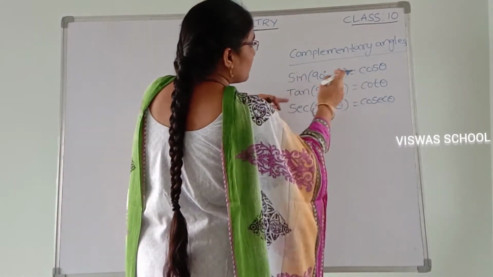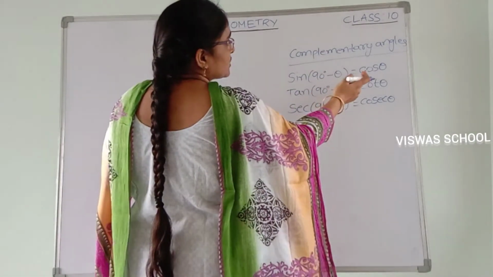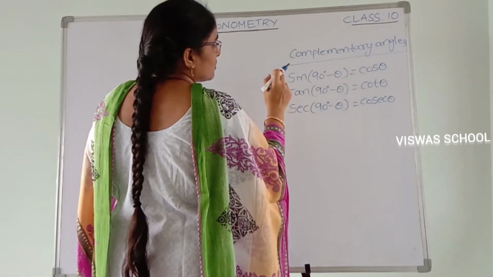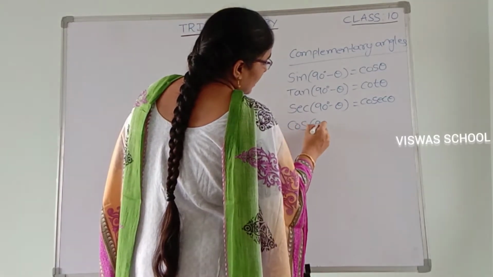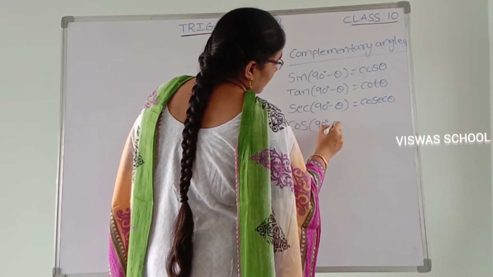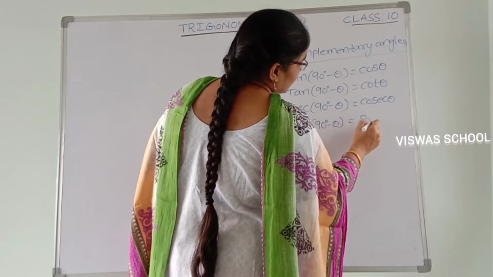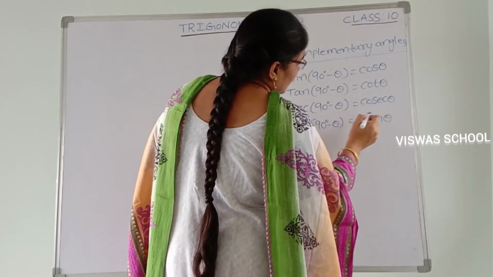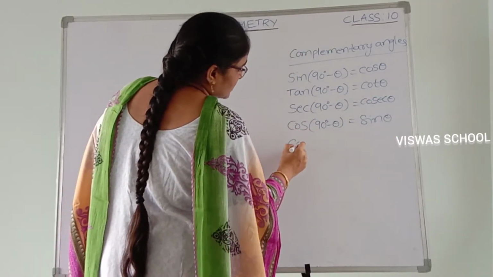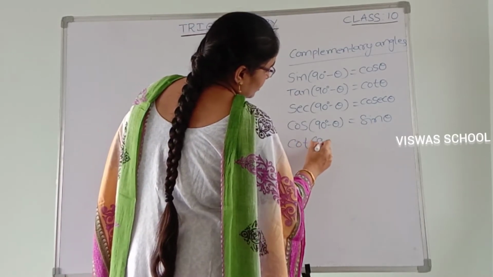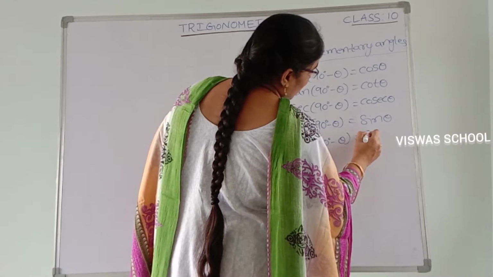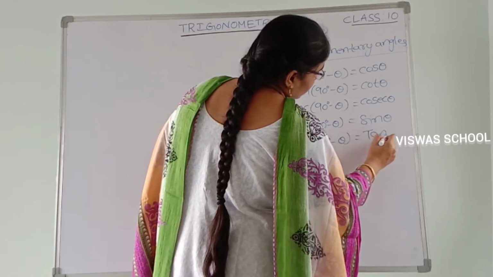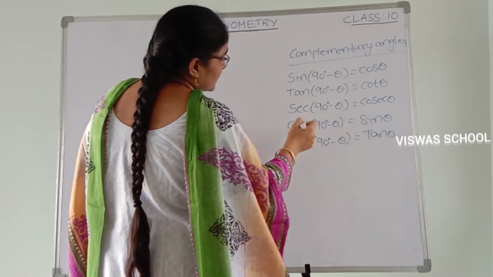Sine is the complementary for cos, and cos is the complementary to sine, that is cos of 90 minus theta is equal to what? Sine theta. In the same way, cot of 90 degrees minus theta is equal to what? Tan theta.